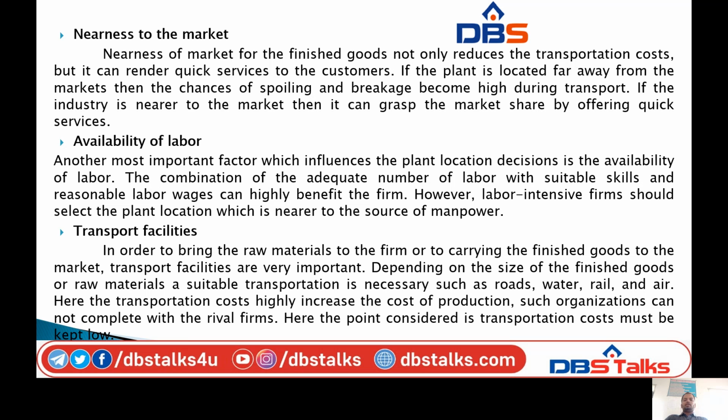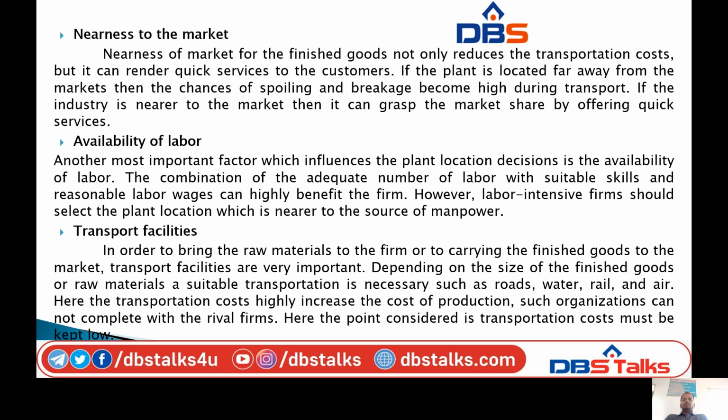Next, availability of labor. Even though we have established the plant fully in an exact location, the availability of workers is another important factor that influences the plant location decision. A combination of an adequate number of laborers with suitable skills and reasonable wages is highly beneficial for the company.